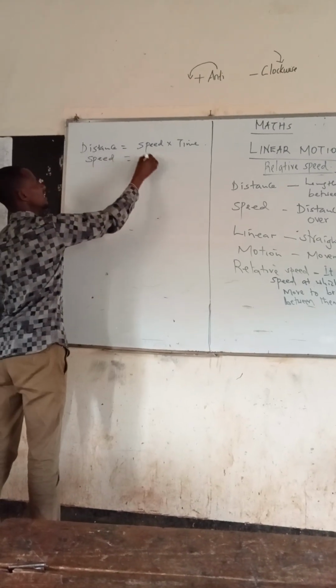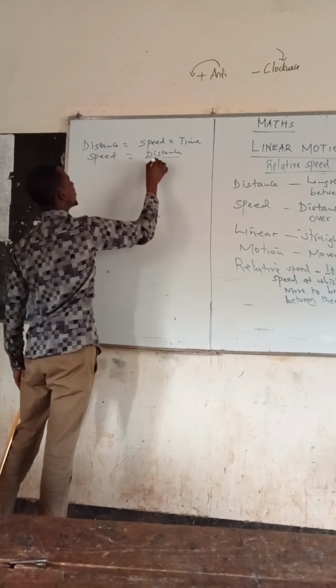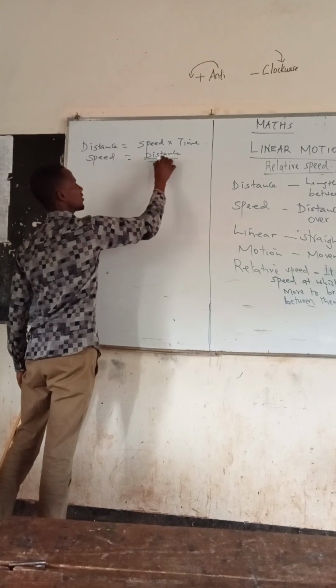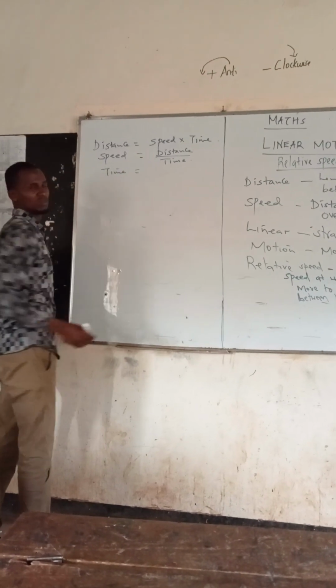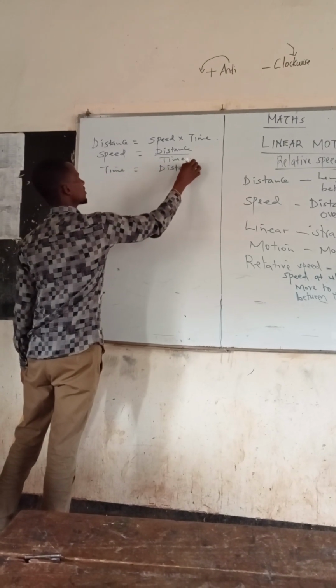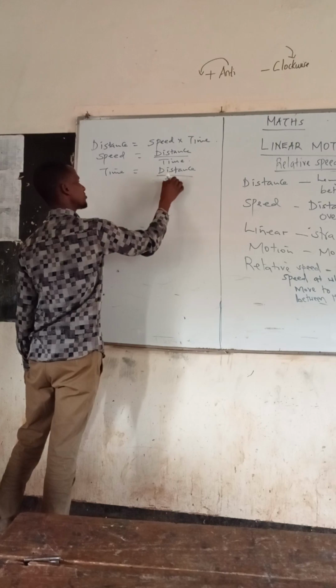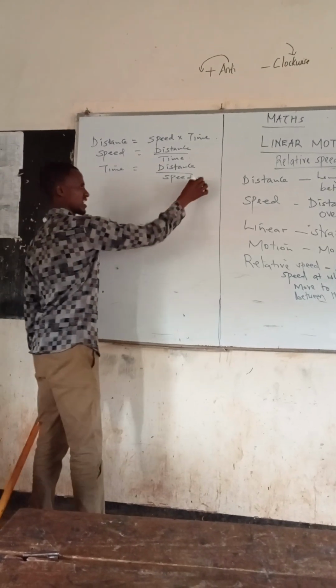So speed will be distance all over time, and therefore time will be distance over speed. We normally illustrate that in a triangle.